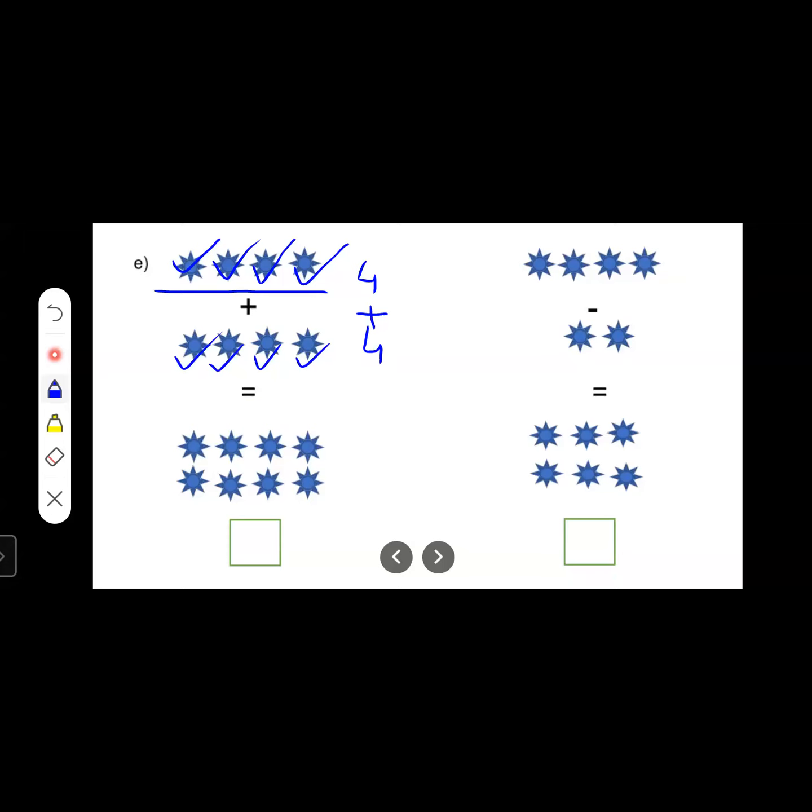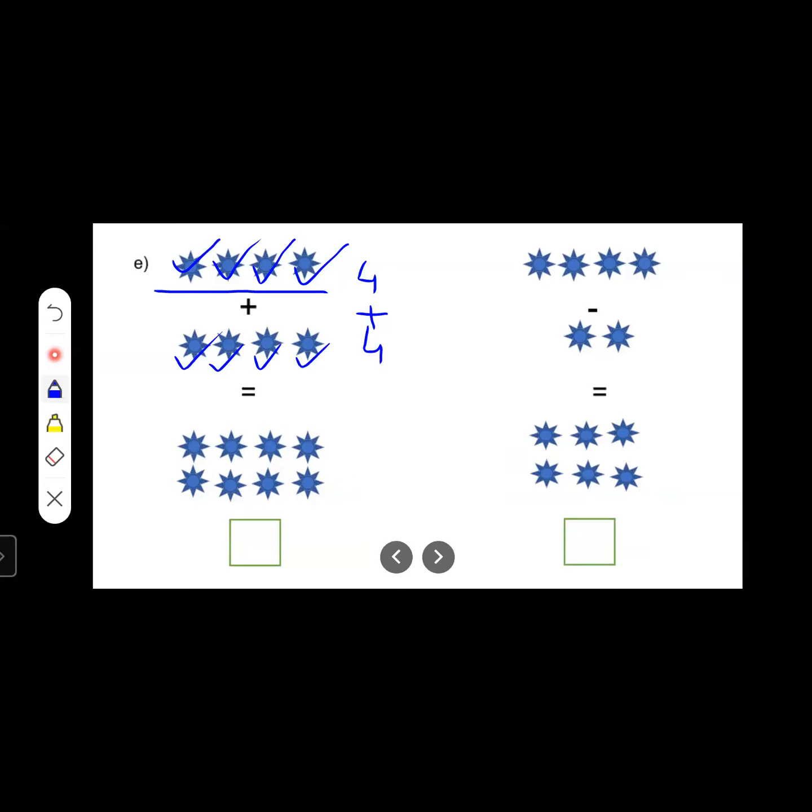So 4 plus 4 is equals to, take 4 in your hand. Everyone take 4 in your hand. 4 fingers. Count after 4. Because this is addition, we will count forward. Count after 4. 5, 6, 7, 8.